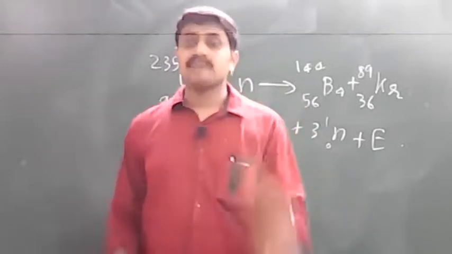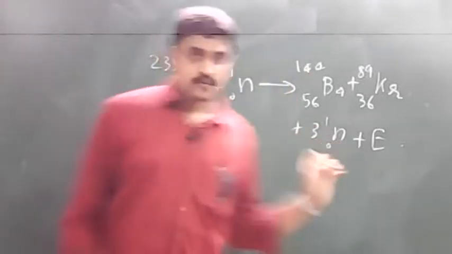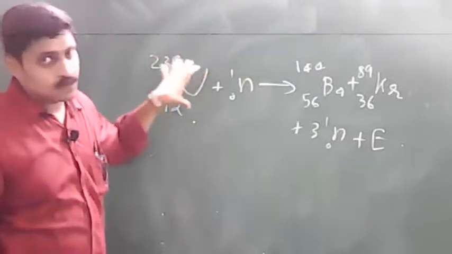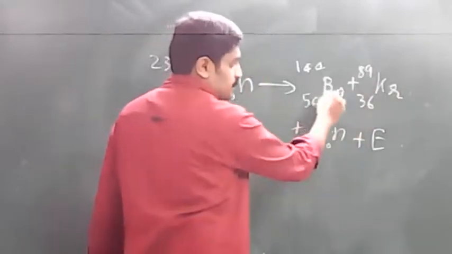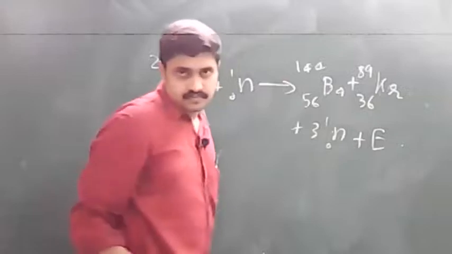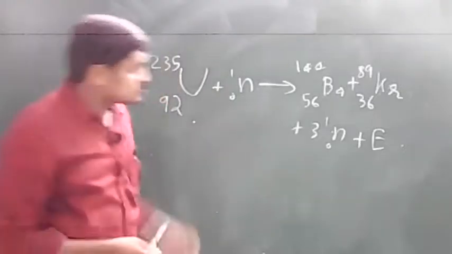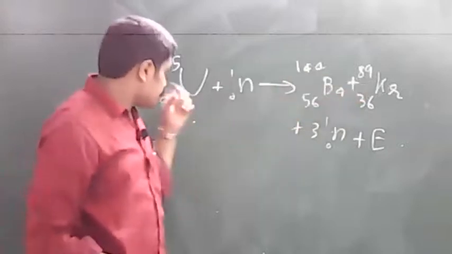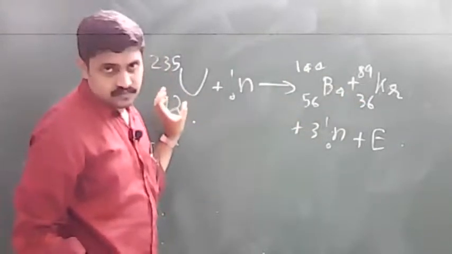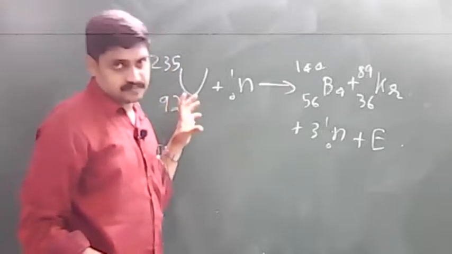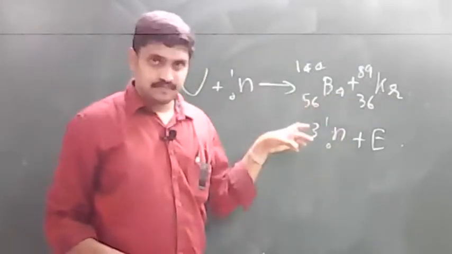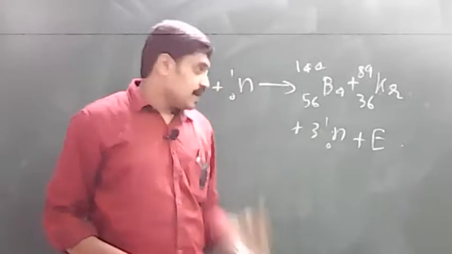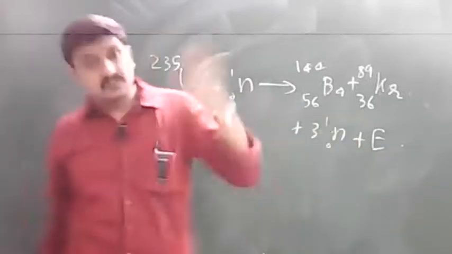But how is this energy obtained? If you take the mass of the uranium nucleus, and add the mass of all these three, barium, krypton and neutrons, and compare with this one, uranium should have more mass. The uranium nucleus has more mass than all these three products combined. The missing mass is converting into energy.